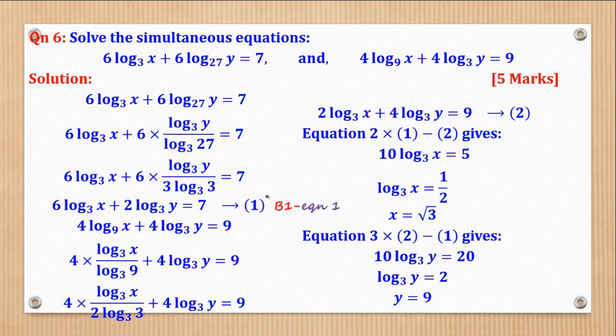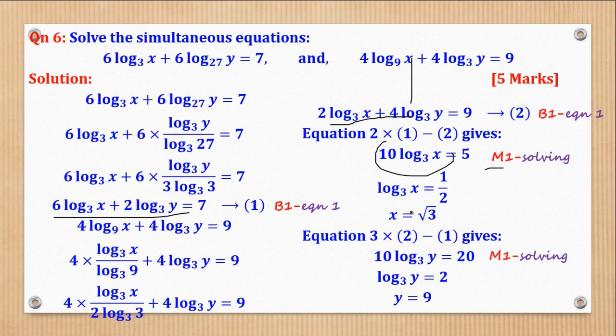So the first mark was to see equation 1, changing everything to base 3 and getting an equation. Second mark will be equation 2, changing everything to base 3 and getting an equation from this. Then M1 was for solving this to get x.